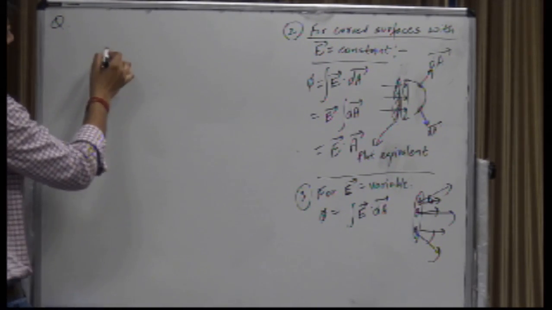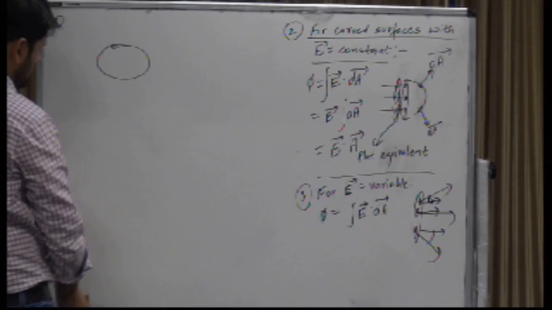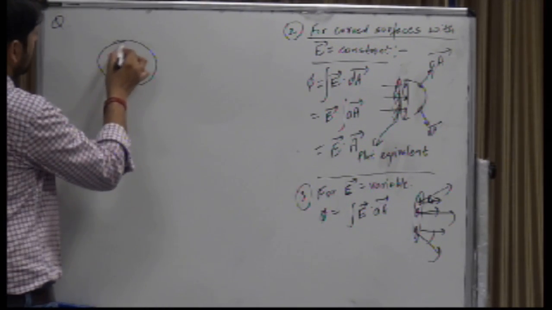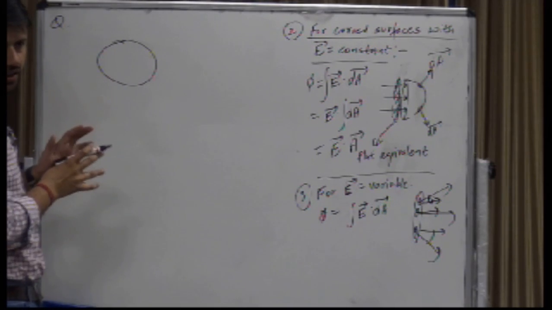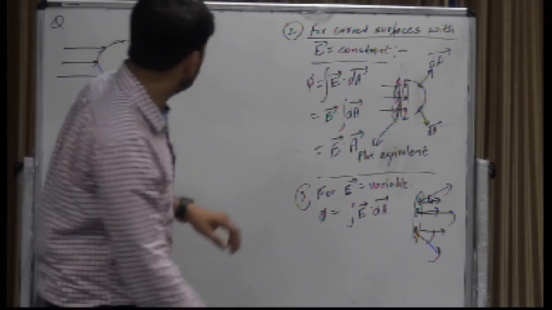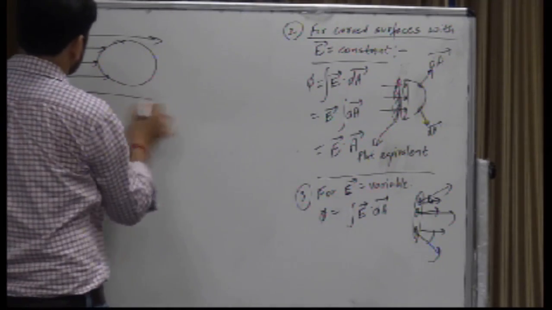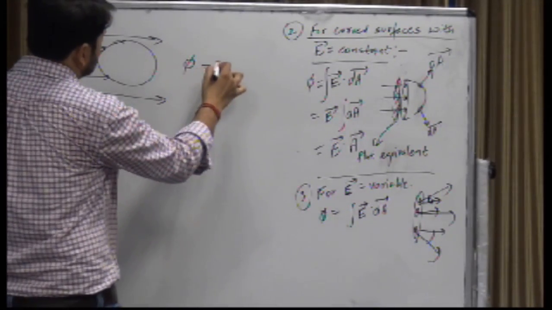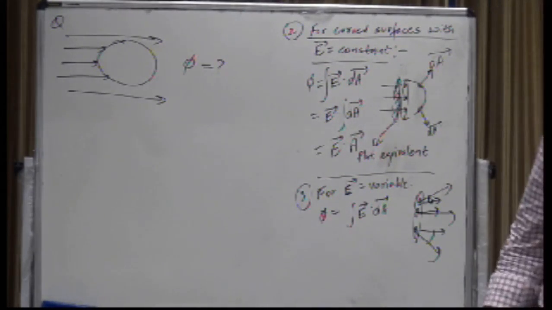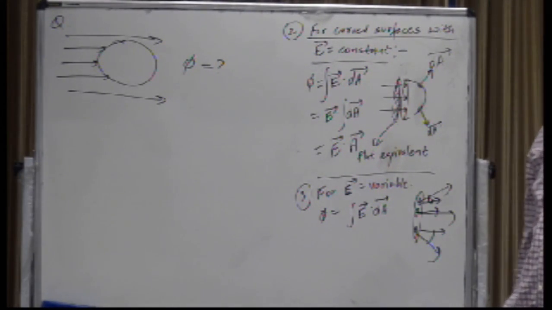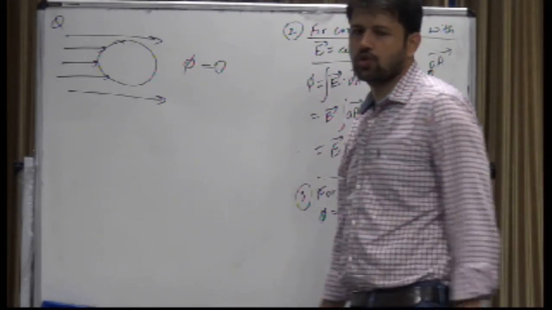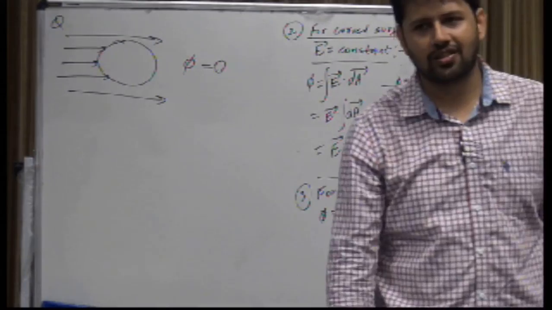Now tell me, it is an easy one, don't write it, just verbally tell me. This is a sphere, a closed surface, and it is kept in a uniform electric field. What would be the flux through it? Zero?